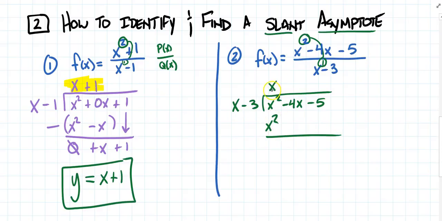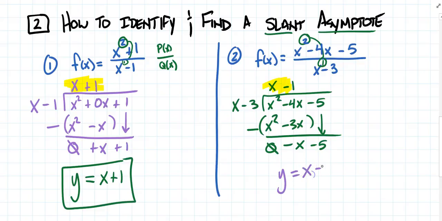Negative 3 times x is negative 3x, and don't forget that we are subtracting all these things. You get 0 by design. Negative 4x minus a negative 3x is negative 4x plus 3x, which is just negative x. Bring down the negative 5. x goes into negative x negative 1 times. And you know what? We can stop because we have found the equation of a line. That would be y equals x minus 1.